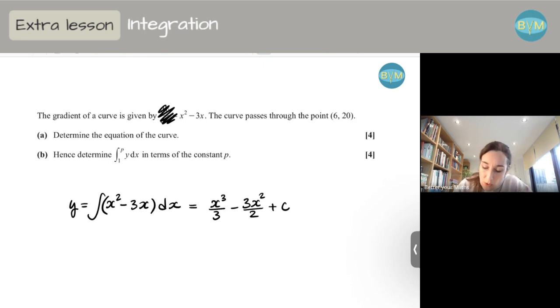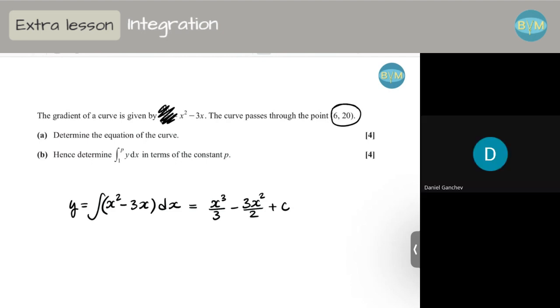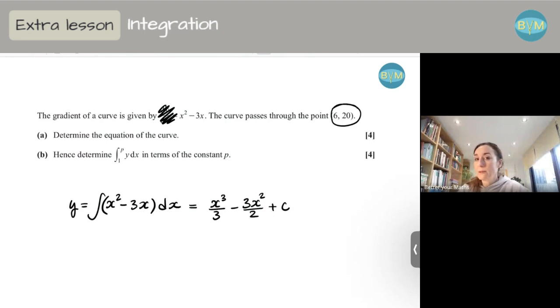Why do you think they give me this point? Can someone tell me? You can substitute it in. And what do I get if I substitute in? The constant of integration.